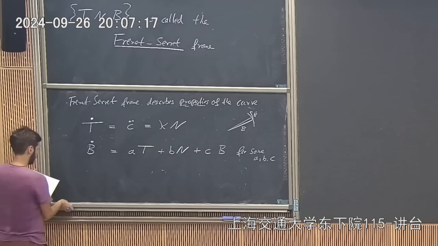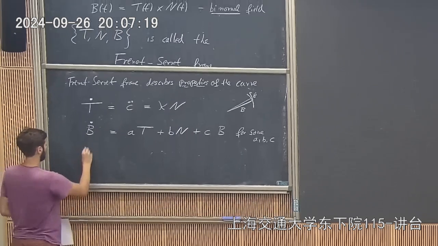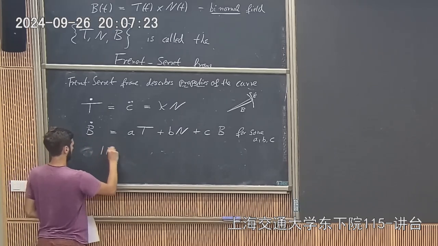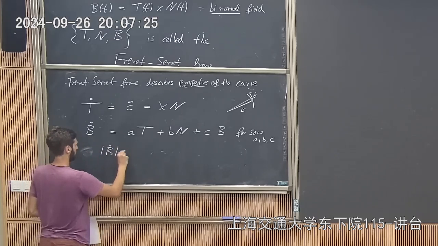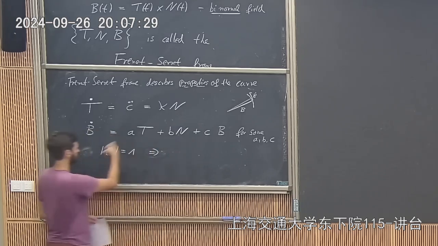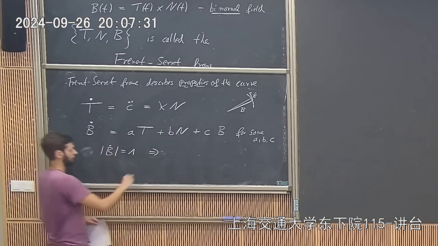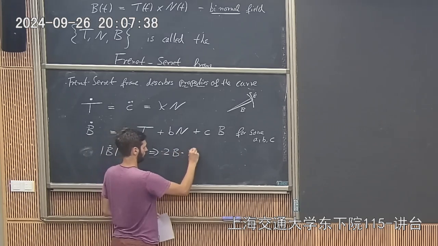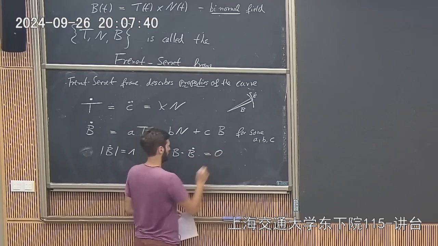You can also see that again as just a calculation. If you take the time derivative of that fact, what you get is that 2 times the scalar product of B with B prime has to be 0.